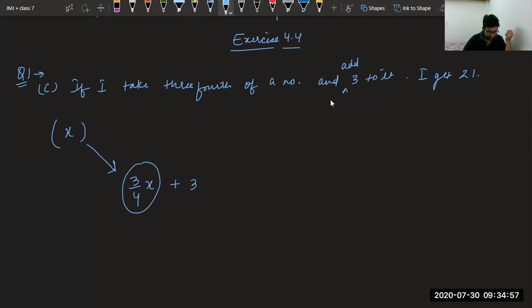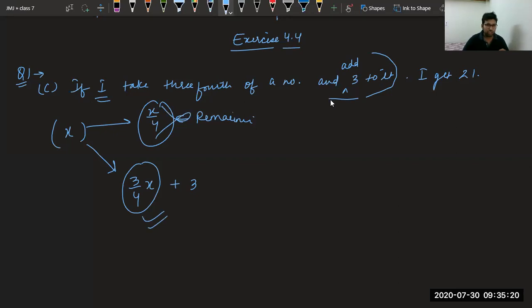Because 3/4 you have taken, 1/4 is remaining. But question is saying you are adding 3 to the number you have taken. So this is the correct one, not this one.